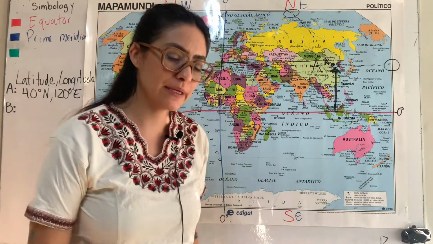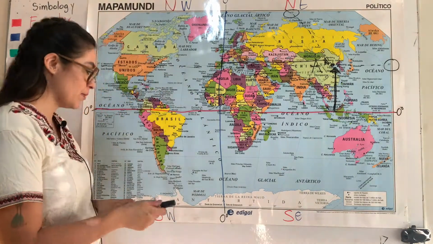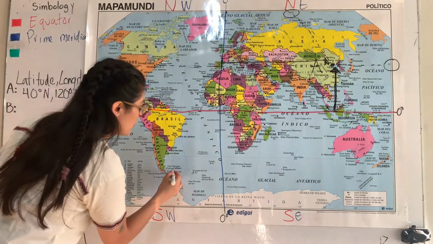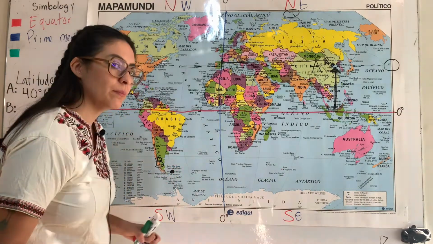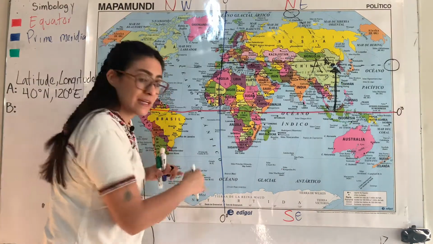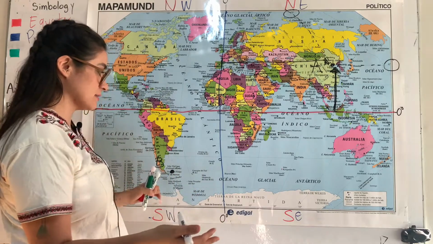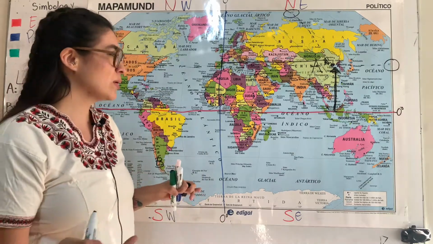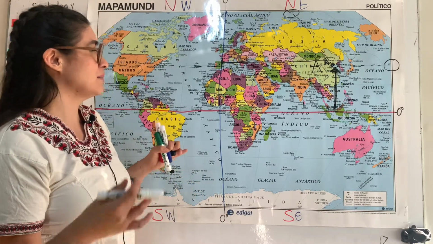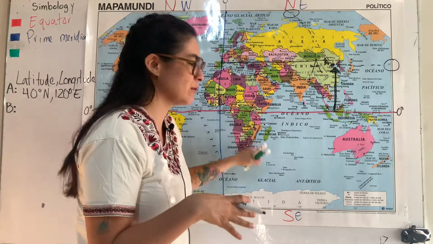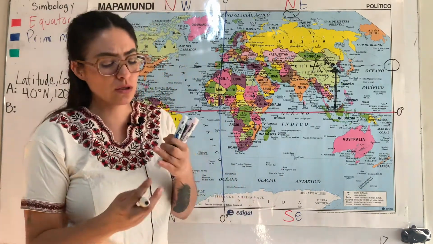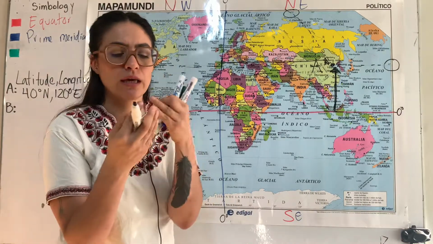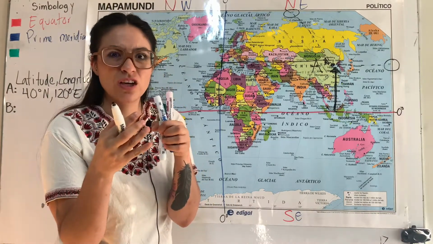But what happens if my point, I'm going to use this one for my point B, is not in a perfect line. It's between lines. Remember, imagine that if I just put in one map all of the parallels, all of the meridians, it will look clumped, like a really huge grid to follow.